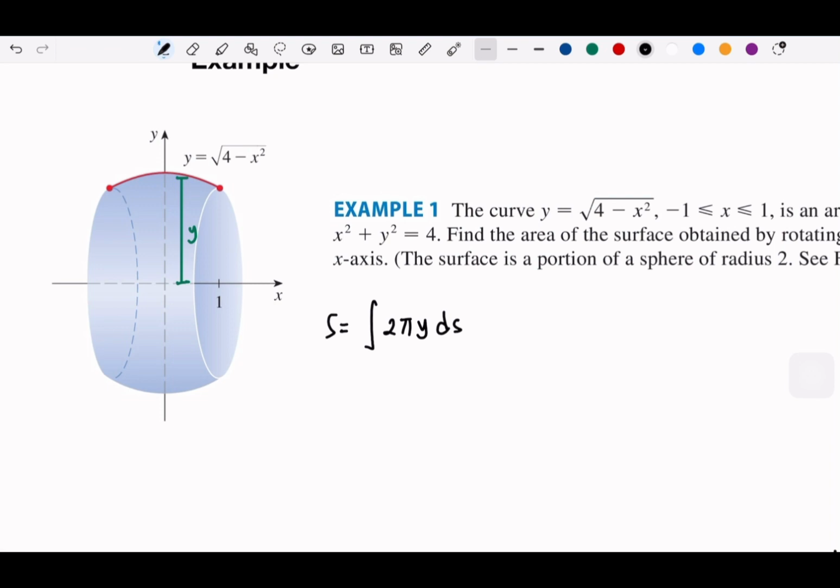Let's say this is going to be -1, or I mean, let me write later, okay. Just to make sure that when I put this -1, that would be the x. So this will be 2, let me just write y first here, and then write the ds. The arc length is this.